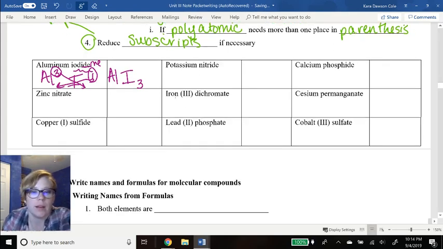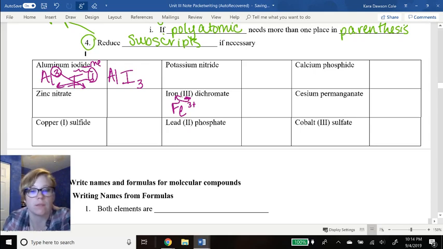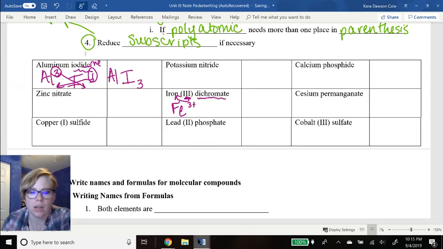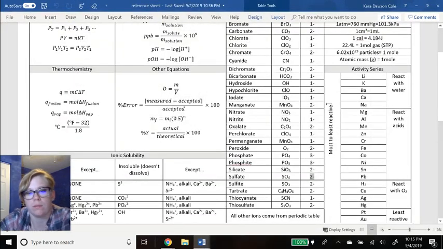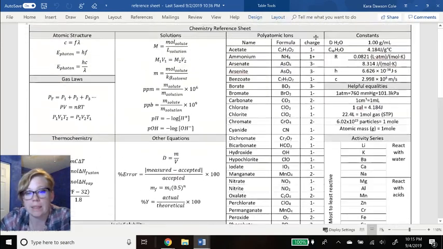All right, so iron, I know that iron is Fe. The Roman numeral is signifying the charge on iron, so it's got a 3+ charge. Anytime I see those Roman numerals, I know that it's the positive number value. Then dichromate. Well, I don't know what that is. If I've got an ATE or ITE, it comes from the polyatomic ion sheet.